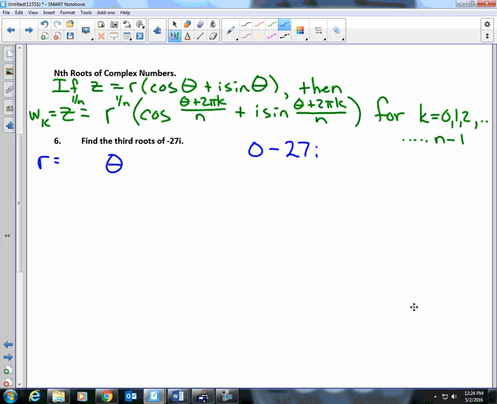How do we compute r? It's 27. Right? Theta. What do I set up?